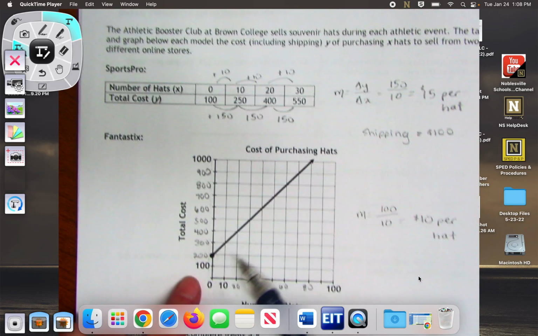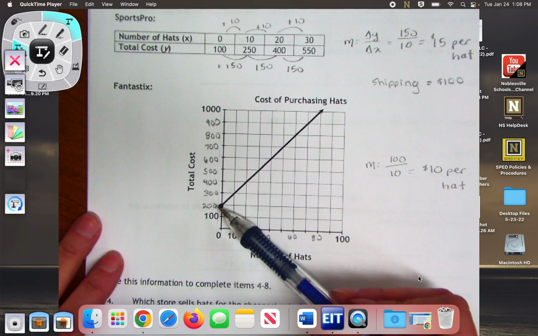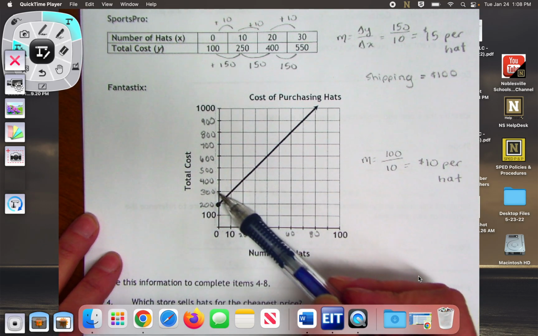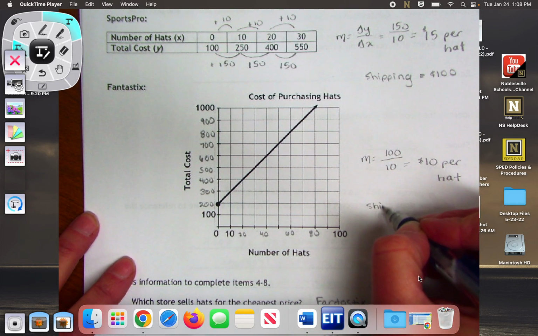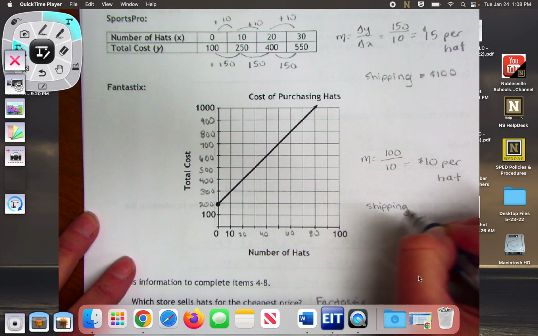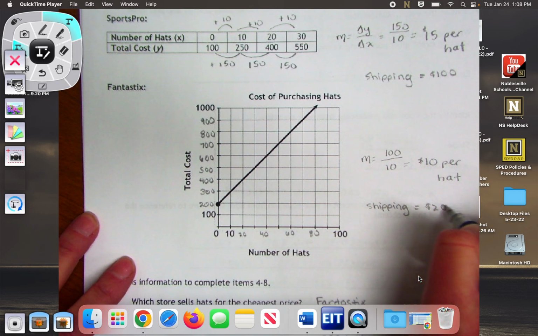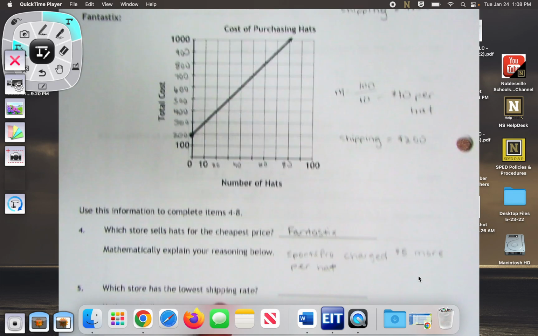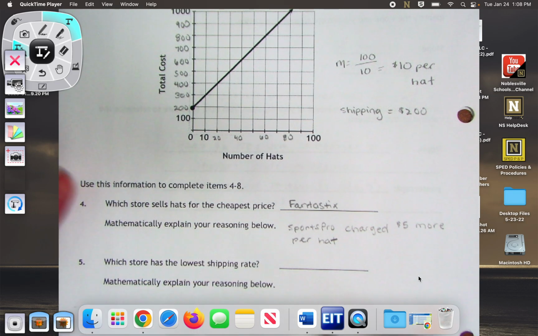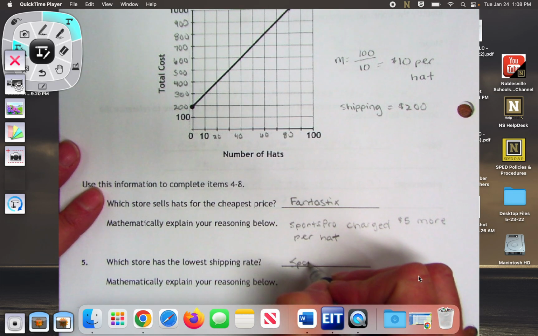And then if I look down here at Fantastics, how much do I spend before I get any hats? Shipping, $200. So which store has the lowest shipping rate? Well, that's going to be Sports Pro.